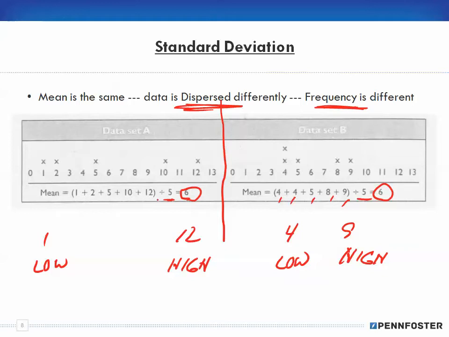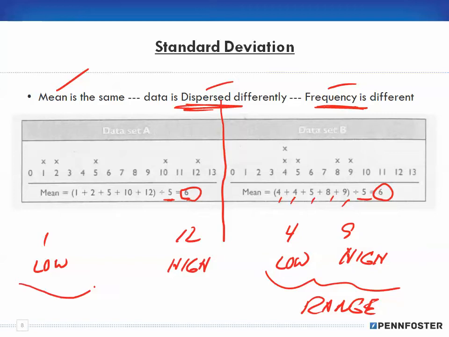But I want you to notice that so far we haven't even talked about standard deviation, but I've used the concept of the mean, the concept of dispersion, the concept of frequency, and the concept of range. That's why I said in the previous videos that you have to understand the underlying concepts, because every concept that you're presented, one builds upon the other.